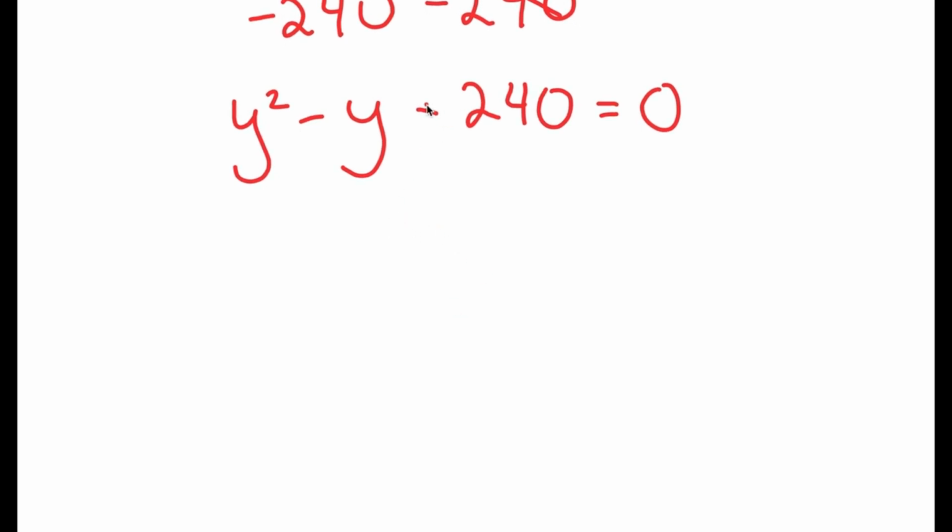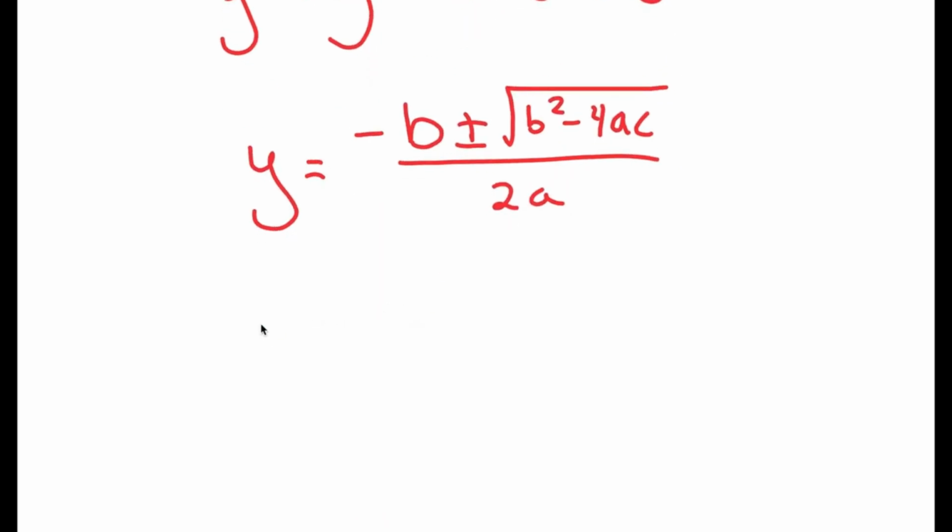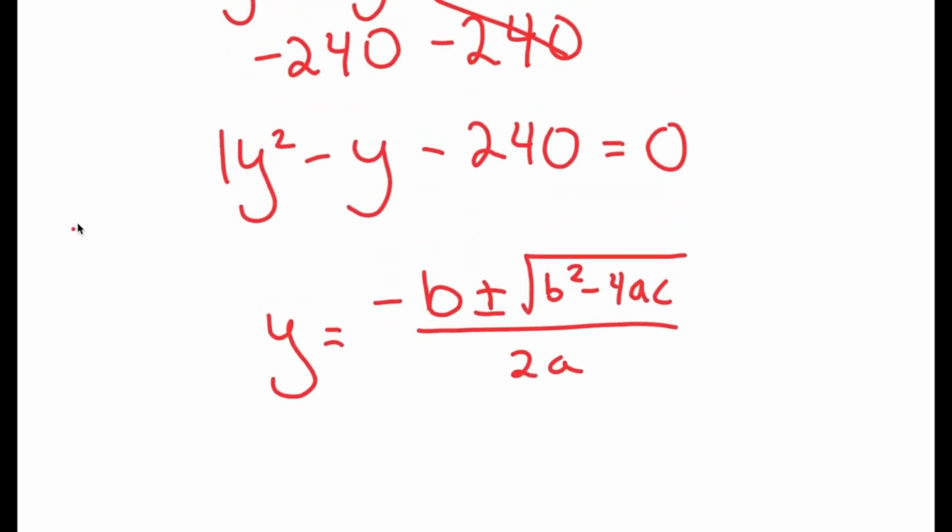And to find the solutions of this quadratic equation, I can use the quadratic formula. If you didn't already know, the quadratic formula is negative b plus or minus the square root of b squared minus 4ac all over 2a. So in this case, looking over here, a is 1, b is negative 1, and c is negative 240.